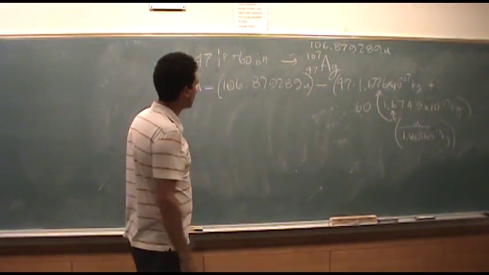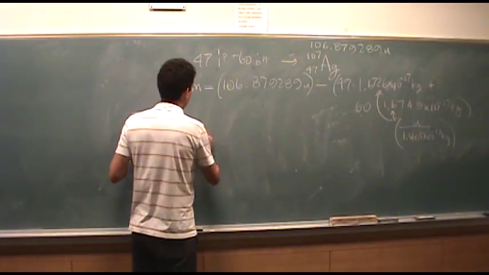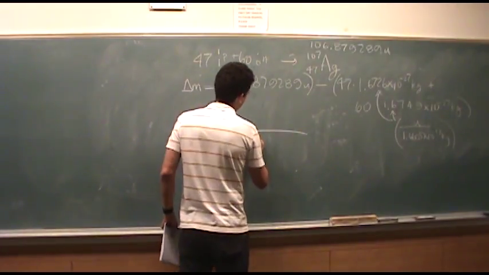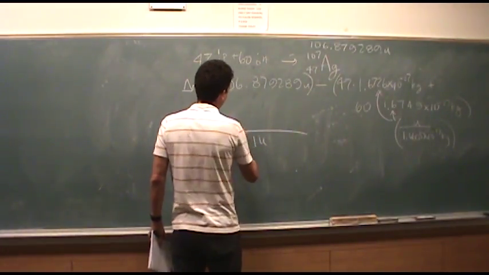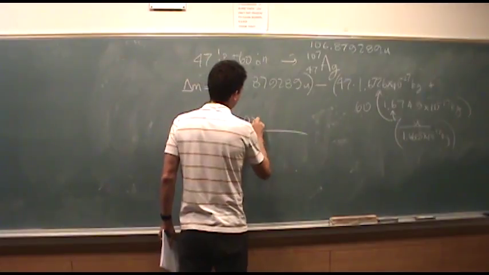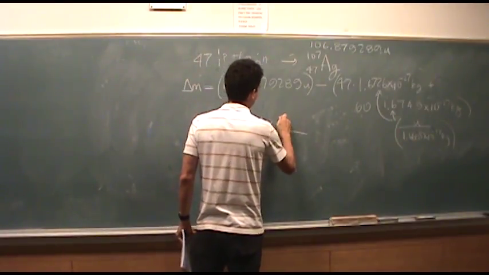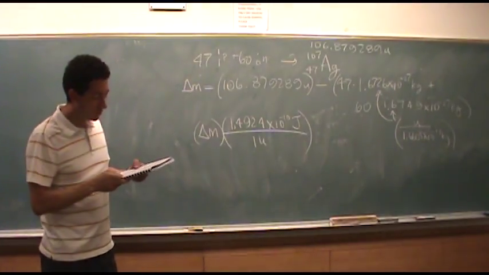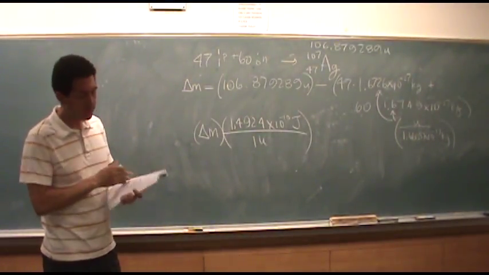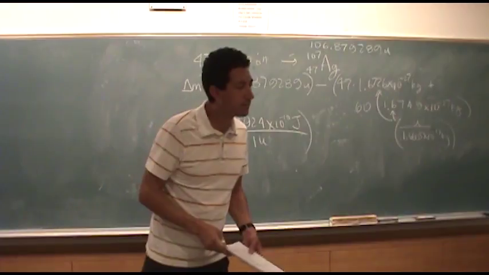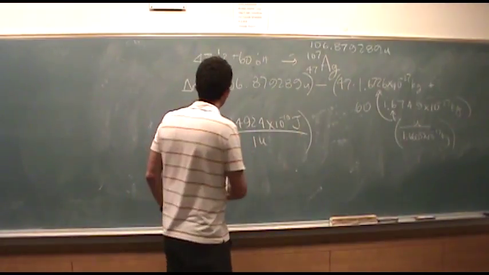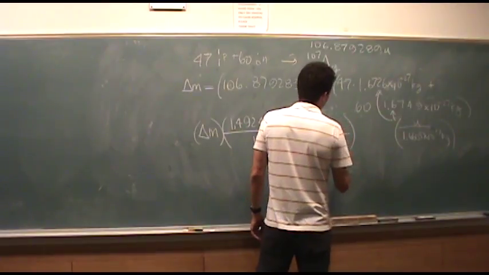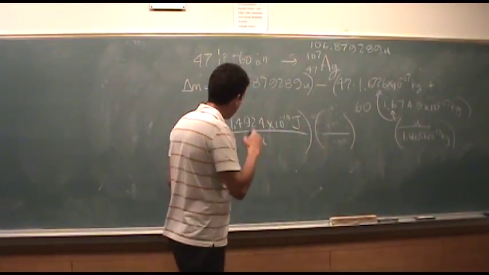You get the change in mass, and that should be a negative number. And 1 U is 1.4924 times 10 to the minus 10 joules. That would be the joules per nucleus, and you wanted per nucleon. So one more step. You're going to divide by, anybody? Divide by what number?